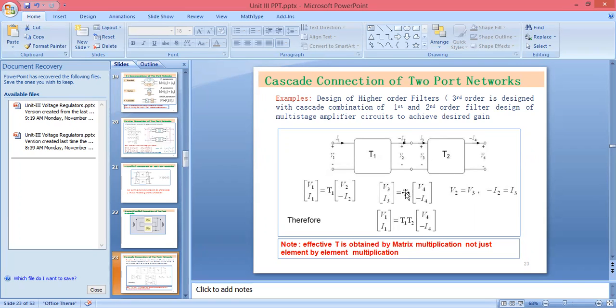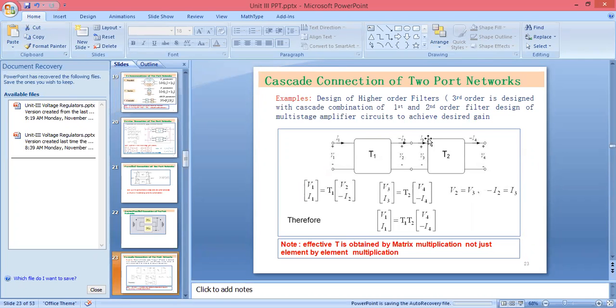Here you can take a 2 by 2 matrix, T11, T12, T21, T22. I have taken just one constant as T2, but you can use a matrix also. So you can take V3, I3 equal to T2 times the matrix V4 and minus I4.